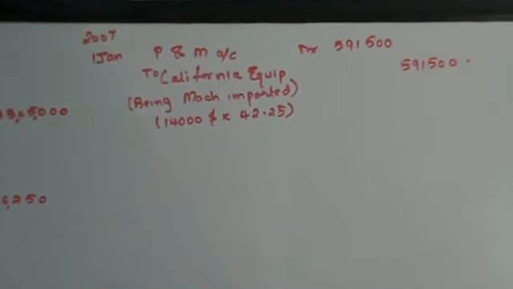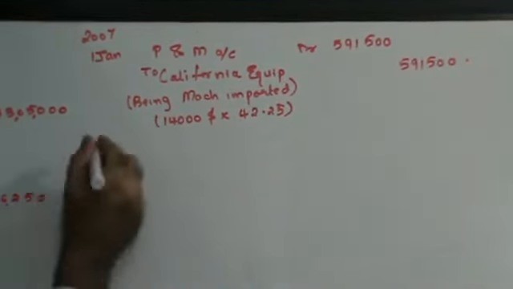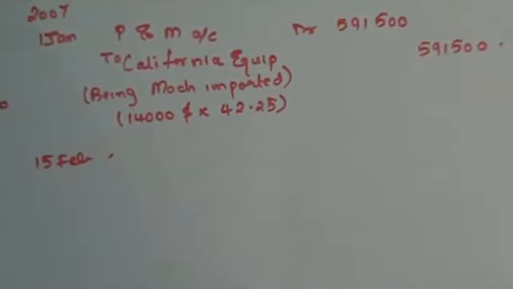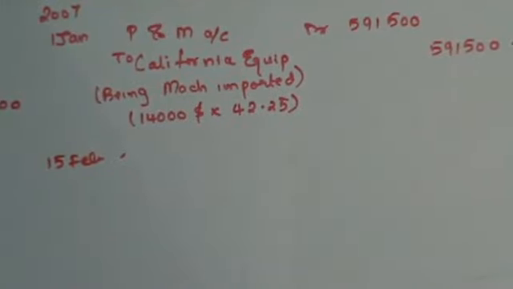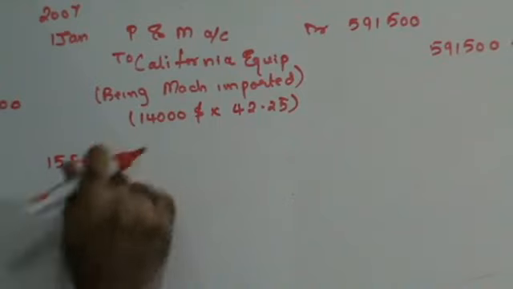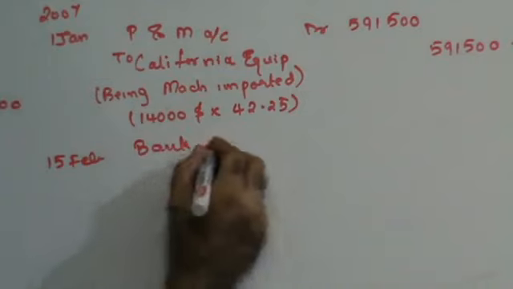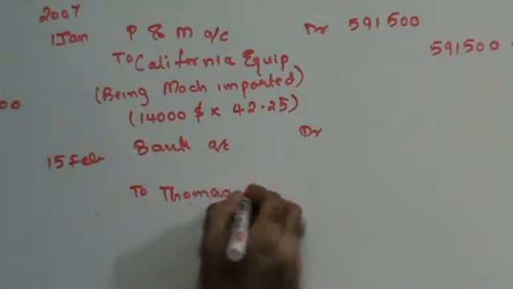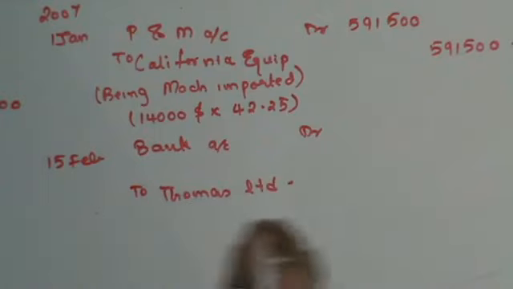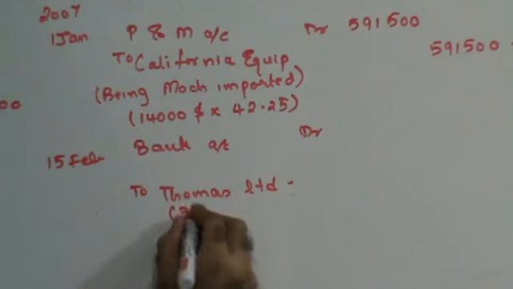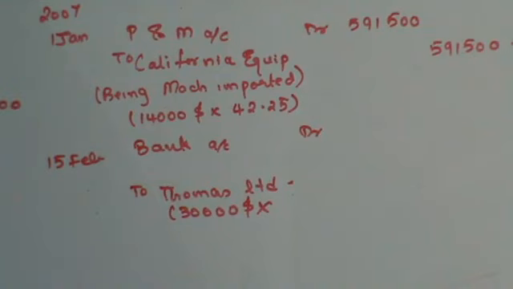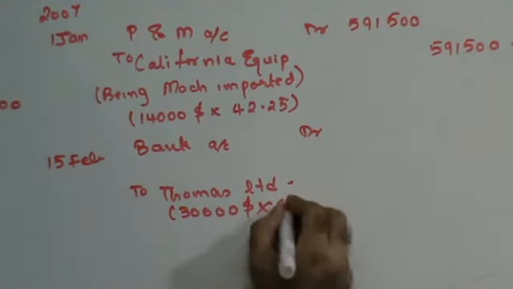Now, let's move on to the payments on 15th Feb. On 15th Feb, you have to receive a payment from Thomas Limited. He's going to pay you $30,000. Money is coming in. Bank account debit to Thomas Limited. You had sold to Thomas Limited at the rate of 42, that was 12,60,000.